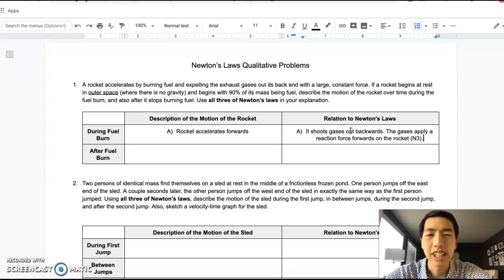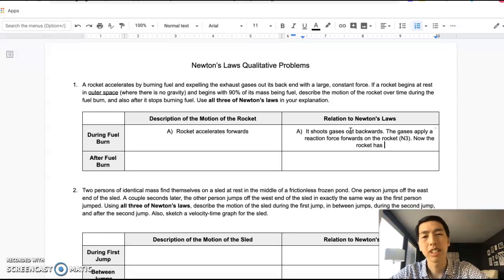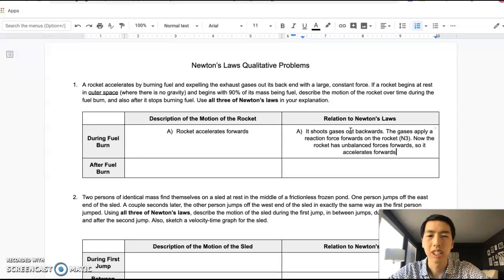Okay, and now that we have a forward force on the rocket, it's going to unbalance the forces and cause it to accelerate forward. That's Newton's first law. All right.